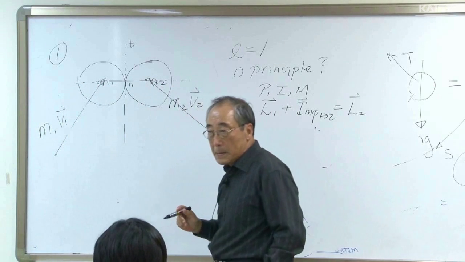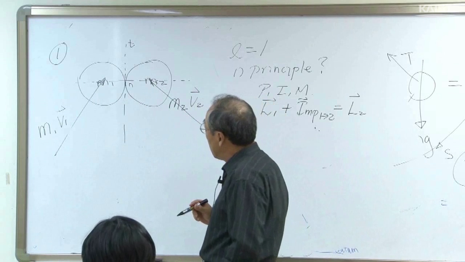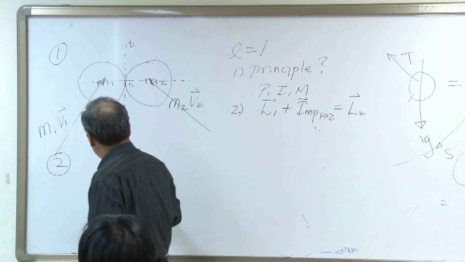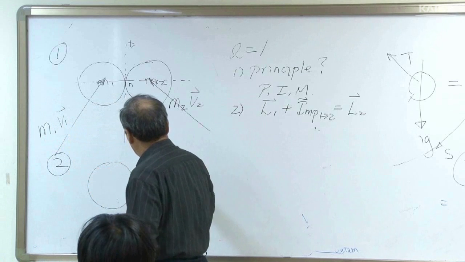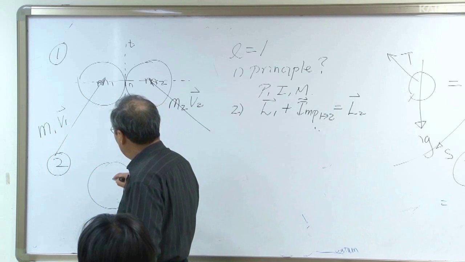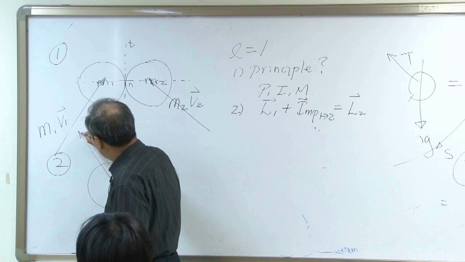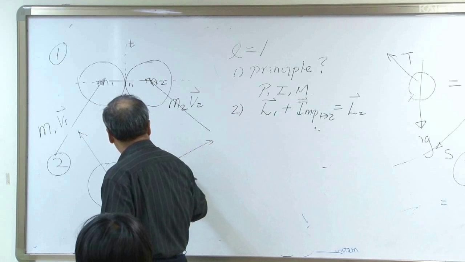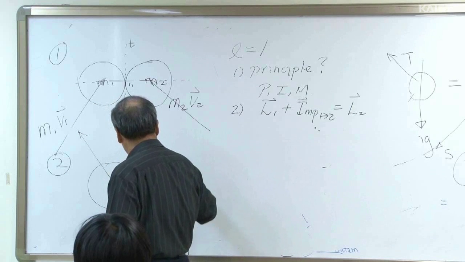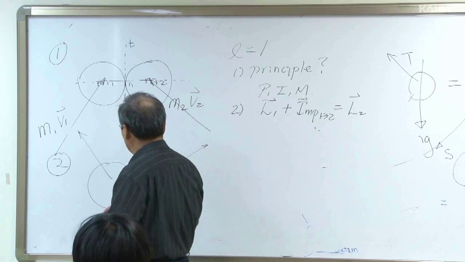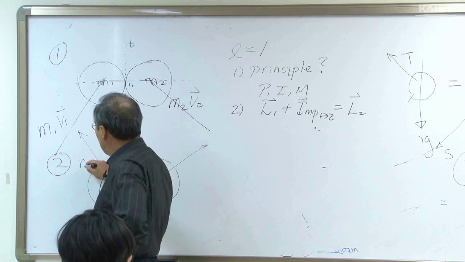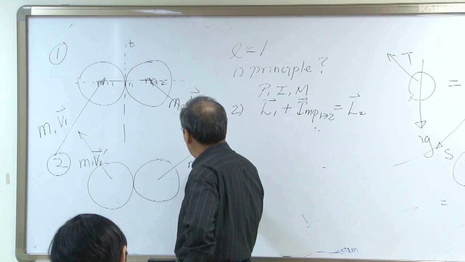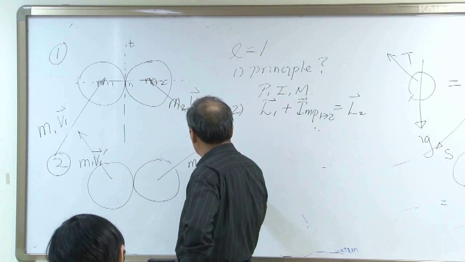So after collision at state 2, this one might move maybe this way and this one that way. Then I say this is m1v1 prime and this is m2v2 prime.